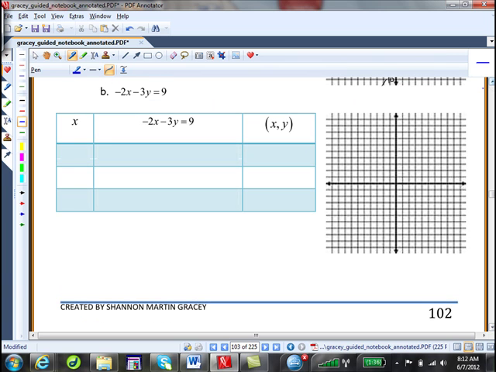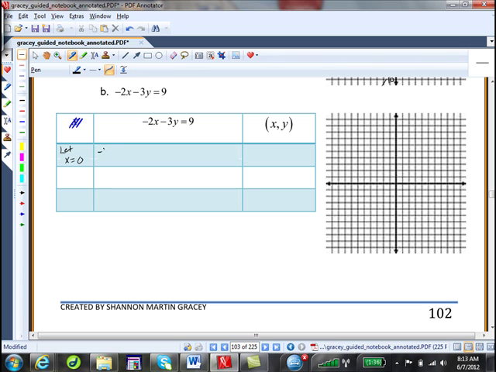Next up, let's go ahead and graph this one using intercepts. So again, we'll just cross this out, and we'll let x equal 0, and this will get us the which intercept? Good, the y-intercept.